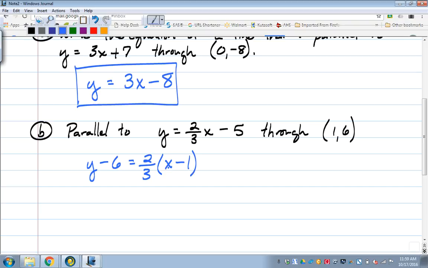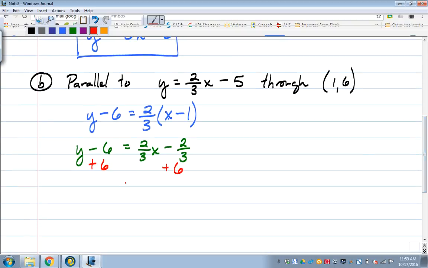Okay? And then I need to get that in slope-intercept form. So what do I need to do? Distributive property. So 2/3 x minus 2/3, and y minus 6. Add the 6. We got to add 6 to -2/3. 5 1/3, which would be 16/3.